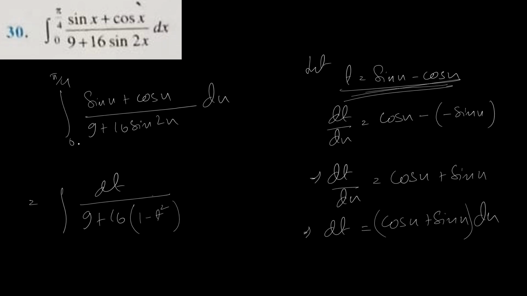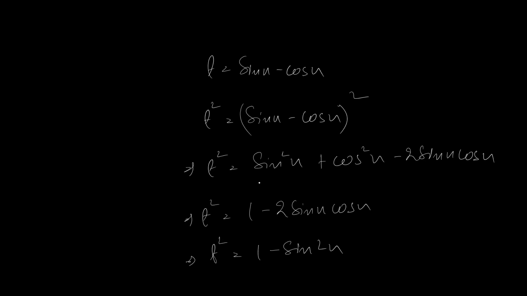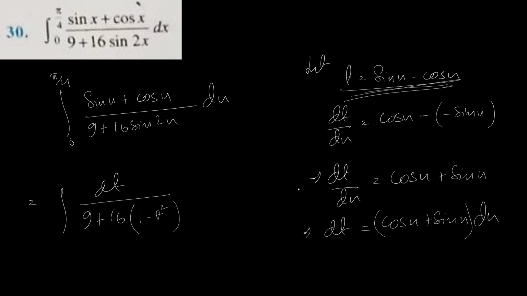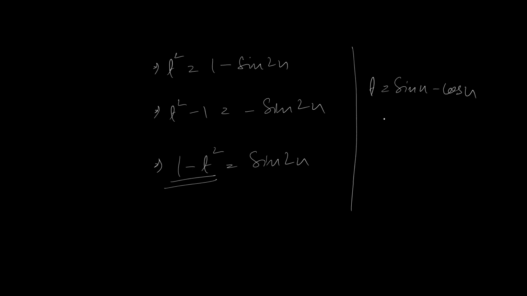Remember, I cannot write this limit here. So t is equal to sin x minus cos x. For the lower limit 0, t is equal to sin 0 minus cos 0, which is 0 minus 1, so t is equal to minus 1.